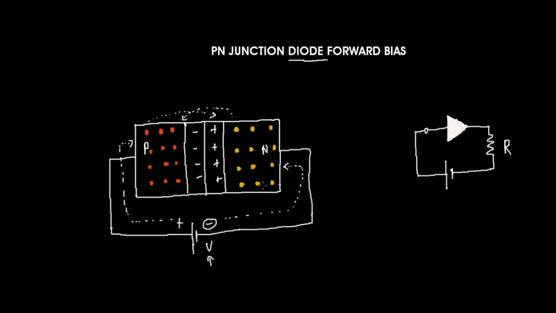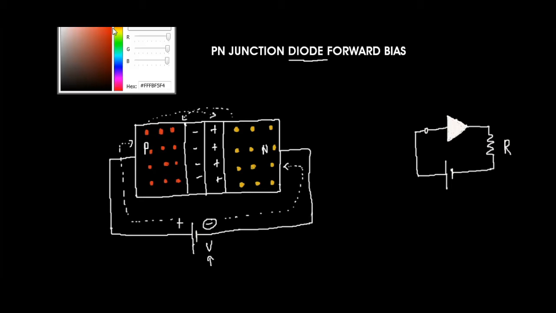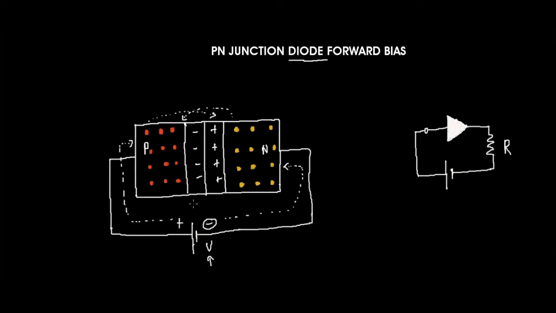As a result of this, the size of the depletion layer, which I'm marking in yellow, is getting reduced. In reverse bias, the size of the depletion layer is large, so the contact potential is also large. Now the depletion layer is shrinking in size, due to the accumulation of charge in the p type and the n type.